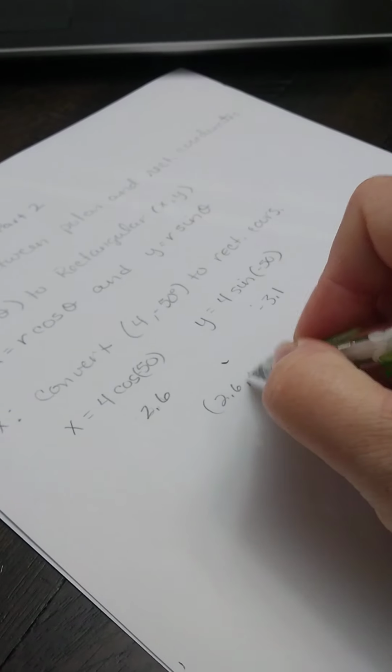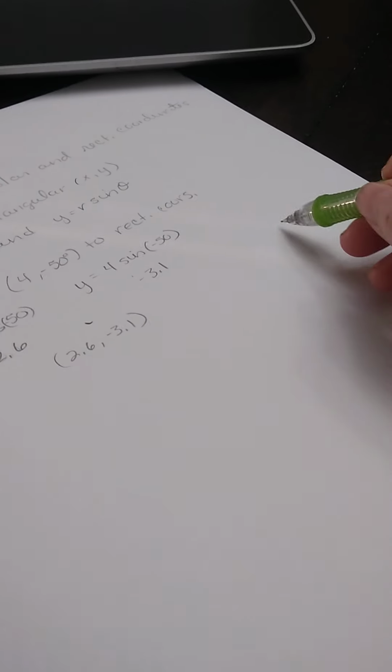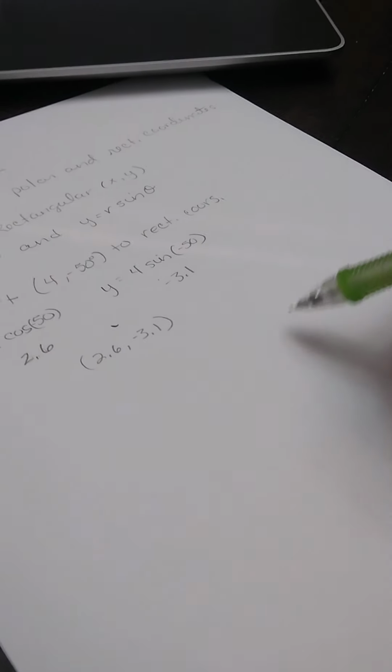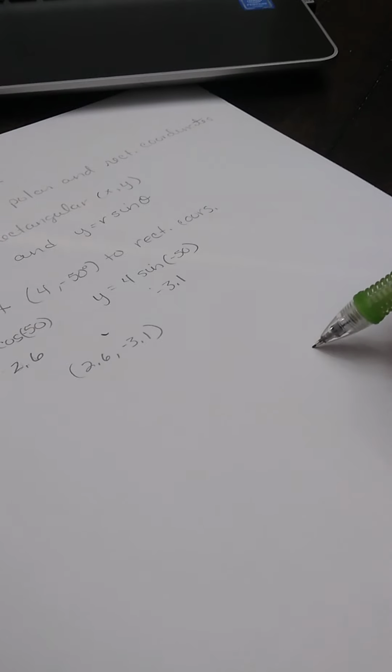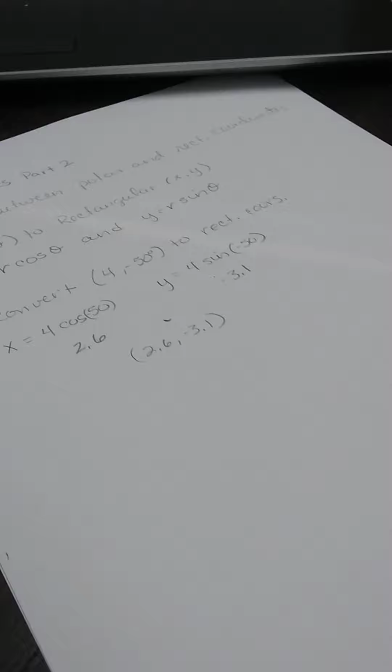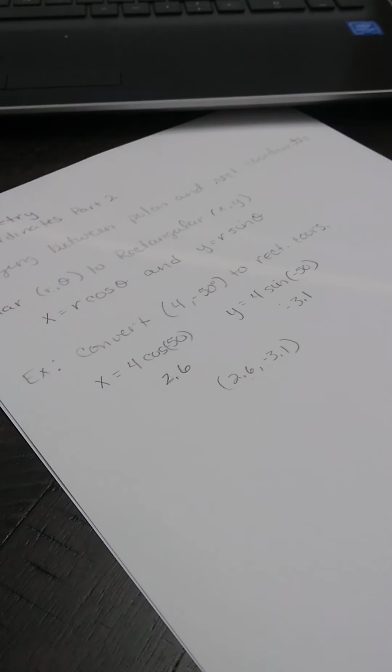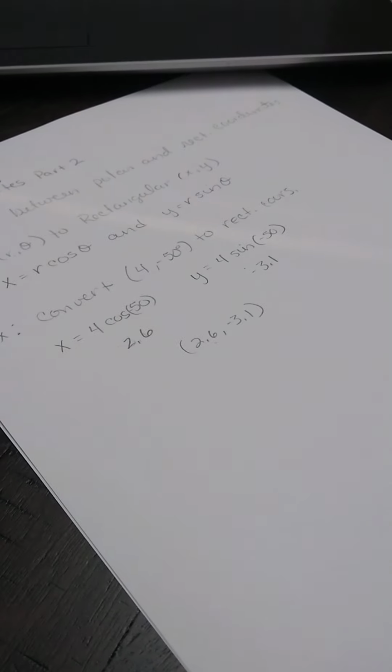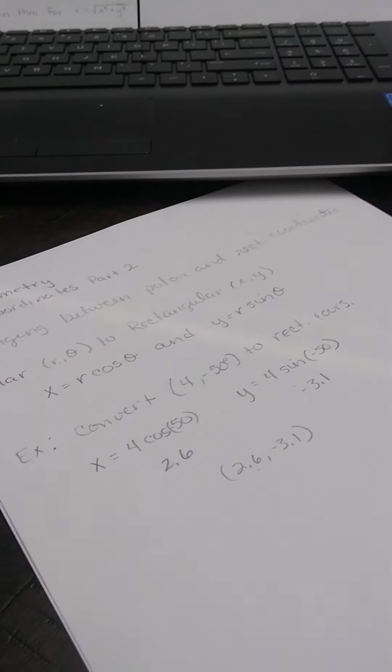So 2.6 there for cosine. So my ordered pair is (2.6, -3.1). So on a graph at (4, -50), if you went to -50 degrees and went straight out 4, you would be at (2.6, -3.1) on the coordinate plane. Okay, so that's how you change. Pretty easy on changing polar to rectangular.